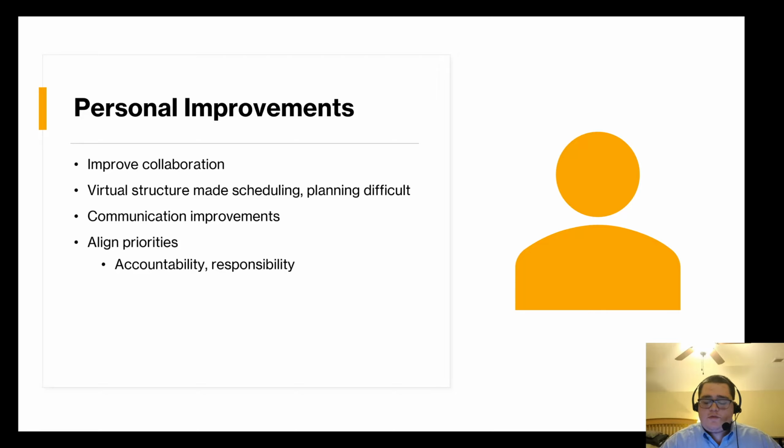The communication improvements combine with the collaboration improvements. The communication needs to be more regular rather than sporadic. There would often be times where I wouldn't send many messages until a few days before we were reaching a milestone, or vice versa. I wouldn't receive many messages until a few days before we hit a milestone.